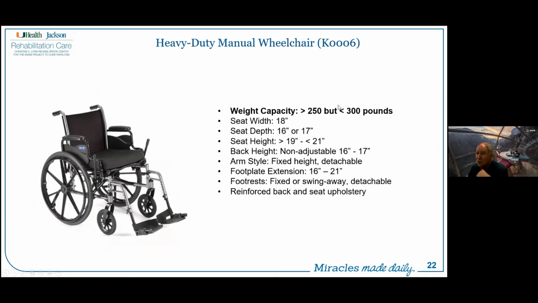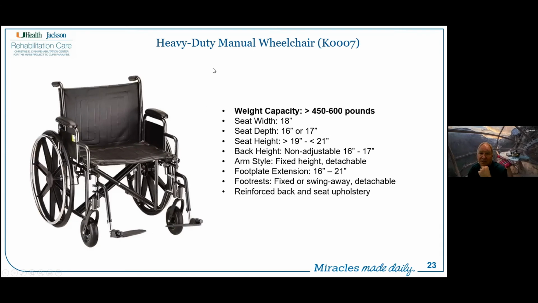I'm going to scoot very quickly, how's my time, on these, the heavy-duty manual wheelchair. This is for folks who weigh above 250 but less than 300 pounds. This is still not an ultra lightweight, unfortunately. And so I try as much as possible to go to the ultra lightweight and modify as necessary to accommodate a person with a greater weight.